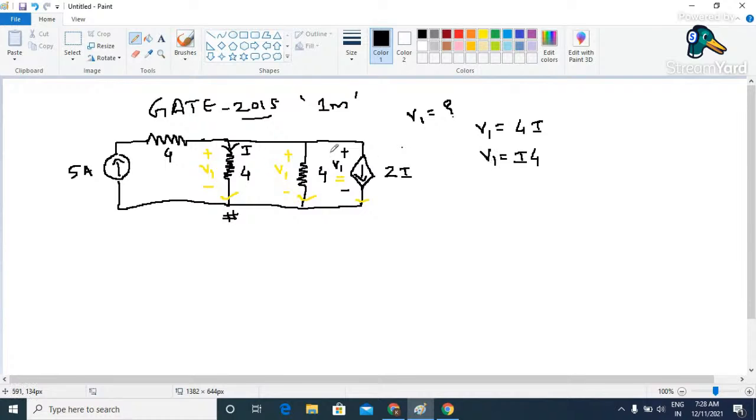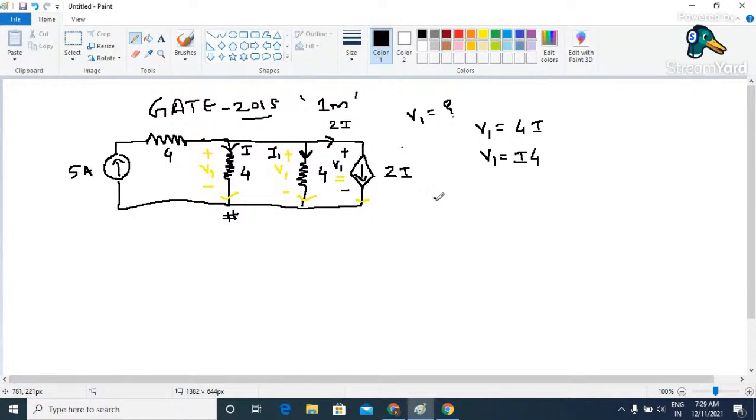In the same way, suppose through this particular branch, we have a current, and the magnitude of this current is nothing but 2I. So here we have a current of magnitude 2I. Now suppose I'm interested to find out what will be the value of current flowing through this particular resistor. How to solve this? The current flowing through this resistor, suppose it is indicated by the symbol I1.